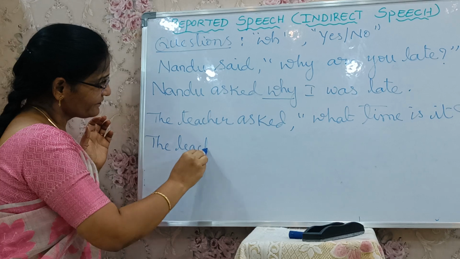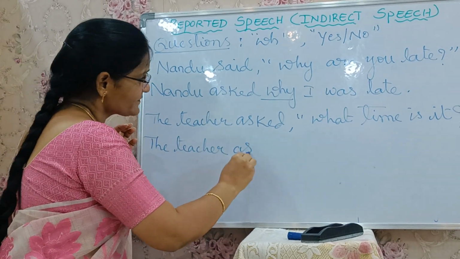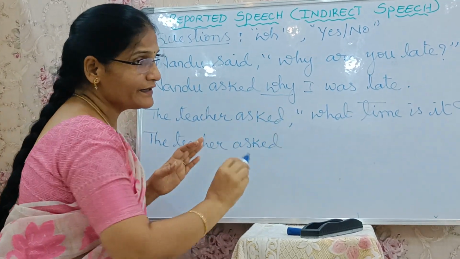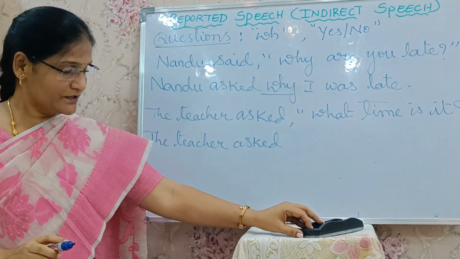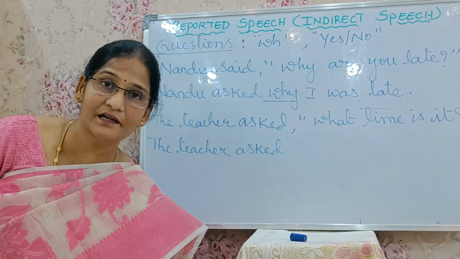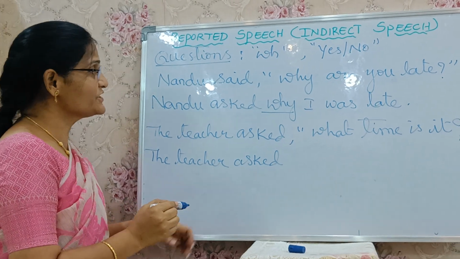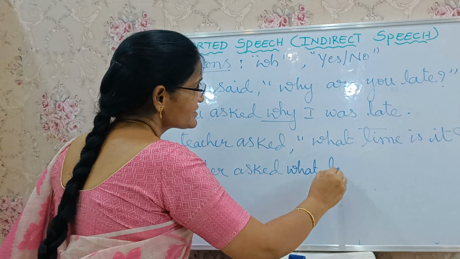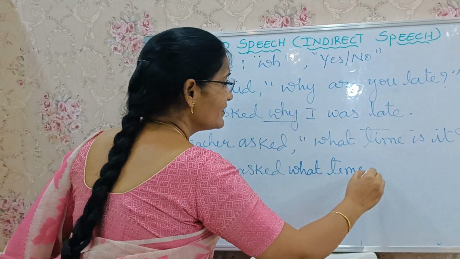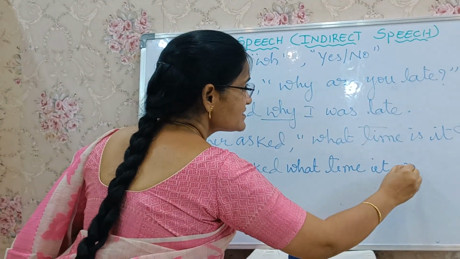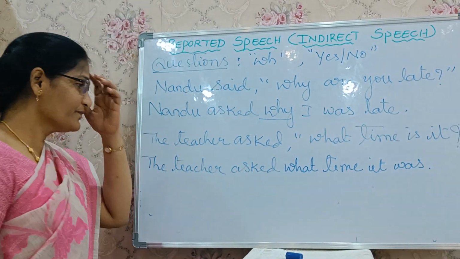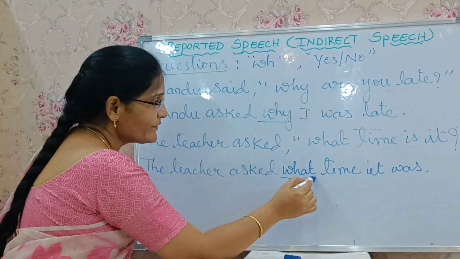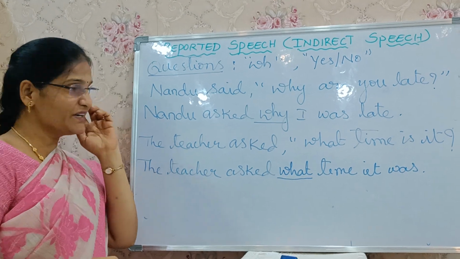The teacher asked. I told you already there is no new link word. The same question word acts as a link word. So that is why the teacher asked what time it was. Full stop. So the same question word remains here as a link word.